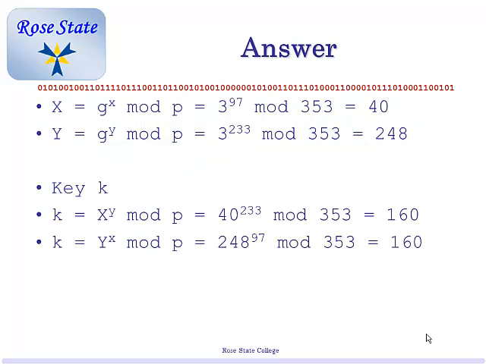So, remember we shared G and P, the 3 and the 353. Those are the G and the P. And we chose 97 and 233 as our random numbers. So if we take 3 to the 97 mod 353, we get 40. And we take 3 to the 233 mod P, we get 248. Those are our half keys.